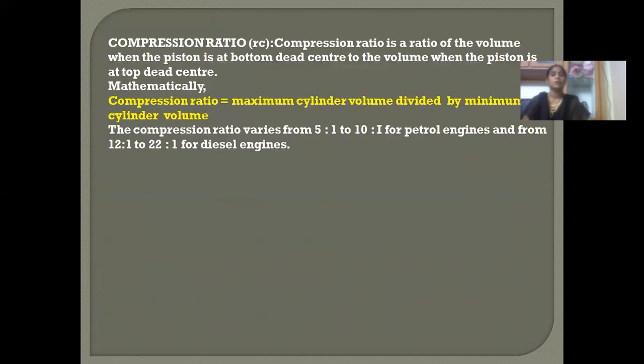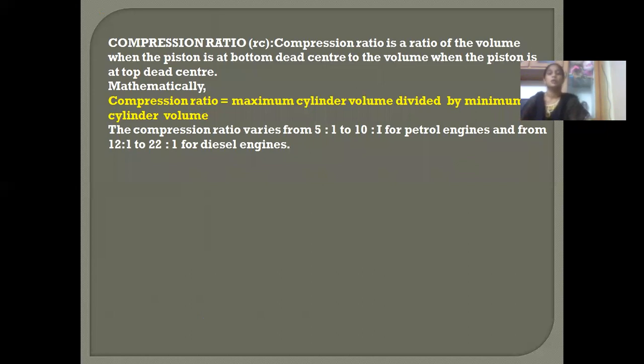Next, compression ratio. Compression ratio is the ratio of the volume when the piston is at bottom dead center to the volume when the piston is at top dead center. Mathematically, compression ratio is equal to maximum cylinder volume divided by minimum cylinder volume.